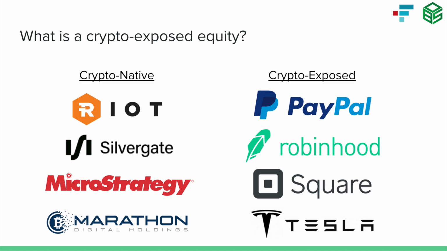They might have one crypto product, one Bitcoin product, or maybe they hold a small percentage of their balance sheet in Bitcoin. So I think they stand to benefit if Bitcoin in the crypto industry does well, but this is not their primary objective.